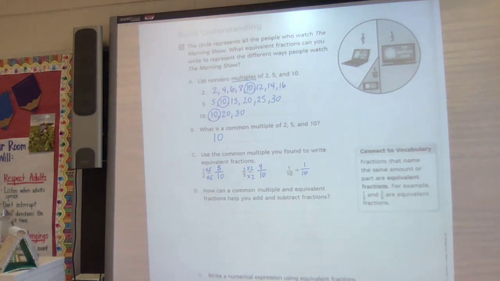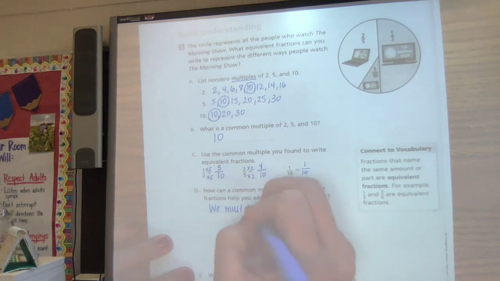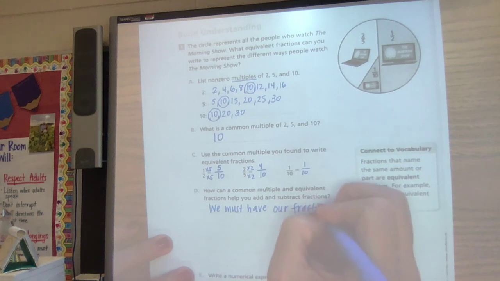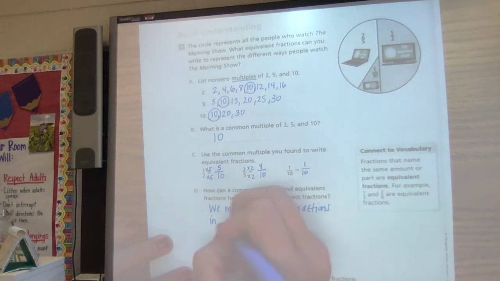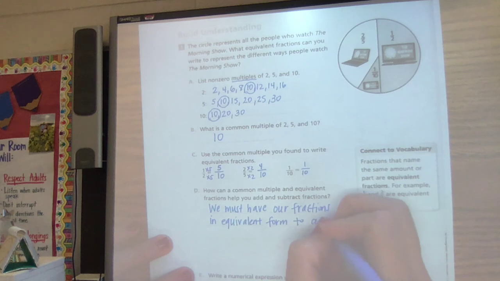And it says, how can a common multiple and equivalent fraction help you add and subtract? Well, we must have our fractions in equivalent form to add or subtract them.